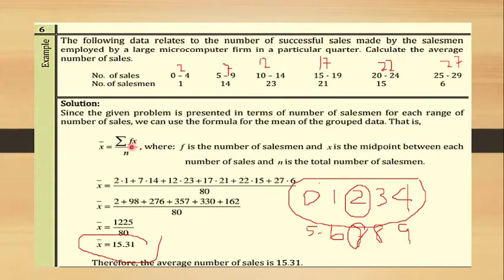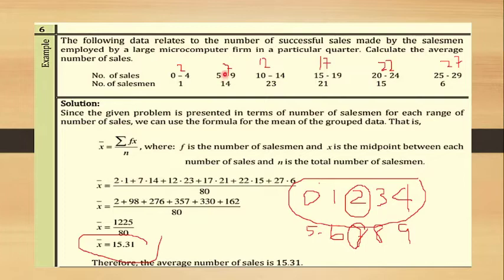The f here is 1, the number of salesmen, so substitute. Check the f value here. So, 1 times the x, which is 2, plus, since it is summation, you just add all the f times x.